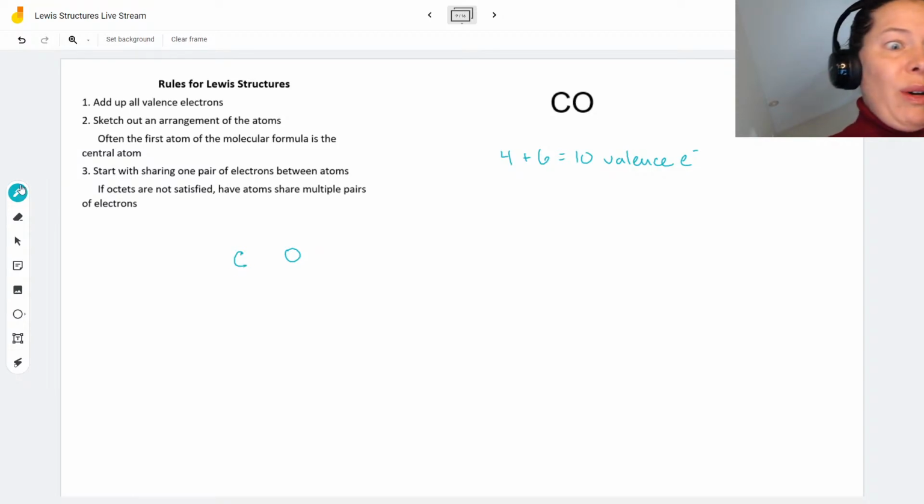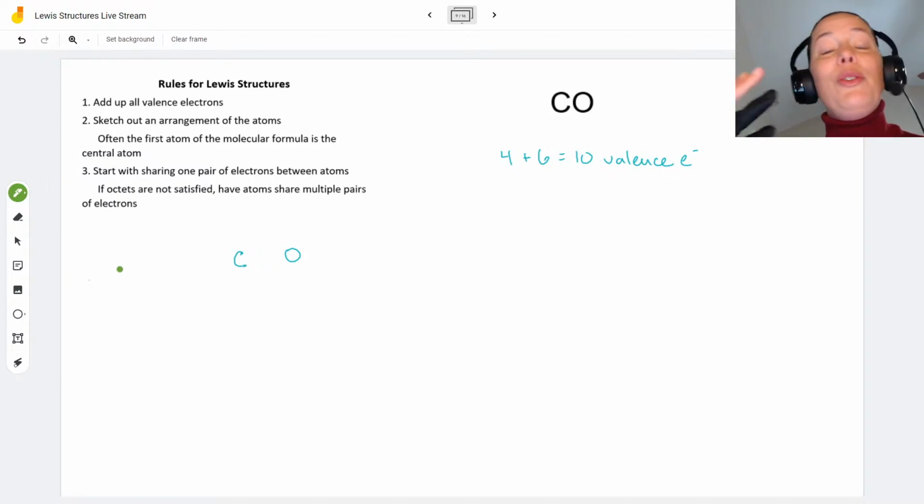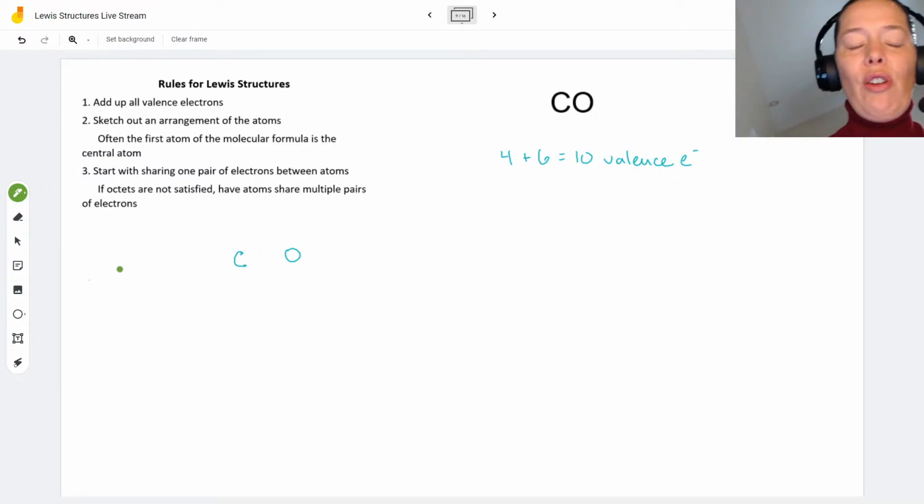Let's start with our single bond, just like usual. Hopefully you can also see the pattern here, the repetition. We're doing the same thing over and over again. Okay, there's our single bond. So that's 2, 4, 6, 8, 10.